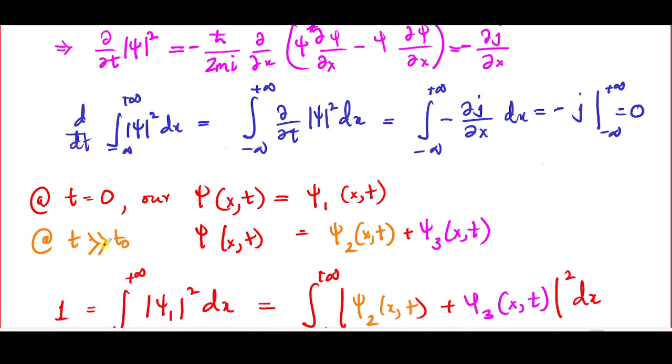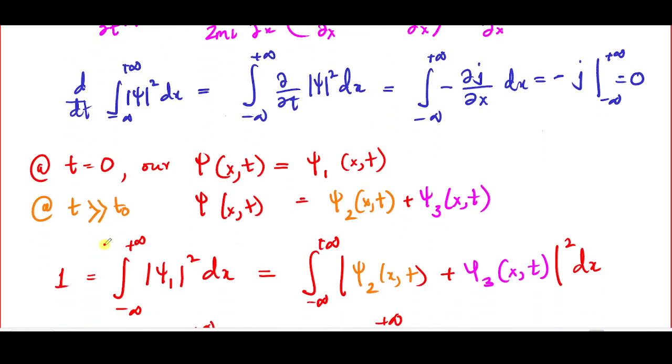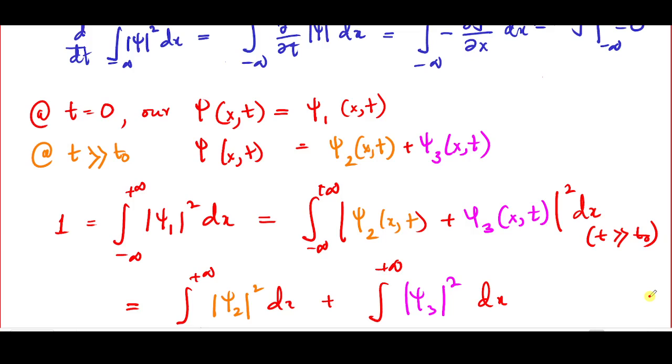So the conservation of probability tells you that the normalization of the original incident wave function, the integral of |psi1|² dx, must be the same as the integral of |psi2 + psi3|² dx. This is for t much bigger than t0, and that is, of course, at t equal to 0, or in fact t much less than t0 will also do.